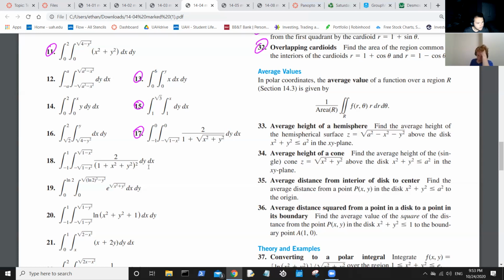Okay, so we got a negative square root of 1 minus r squared cosine squared. And I think r is 1. How do we determine that here? Because we know x squared plus y squared equals r squared.